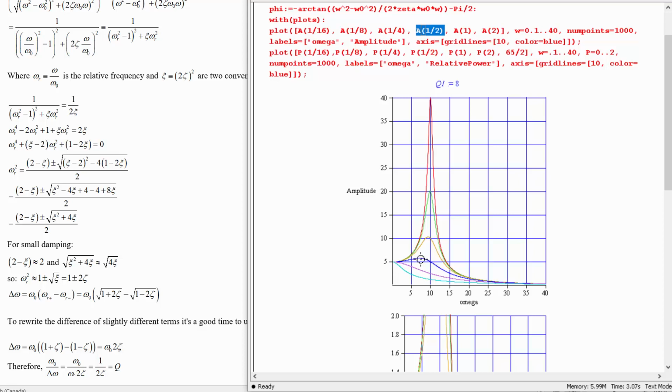The peak is shifted to the left compared to where the natural resonant frequency is. So this is the effect that damping has on, let's say, resonant frequency, on peak frequency. When you have high damping, then the highest response is technically a little bit to the left of resonance, or a lot to the left if we have overdamped systems.